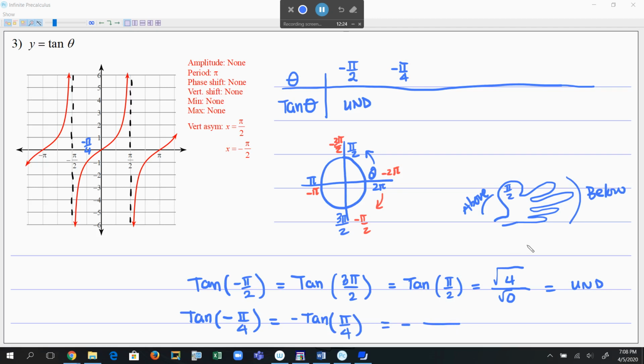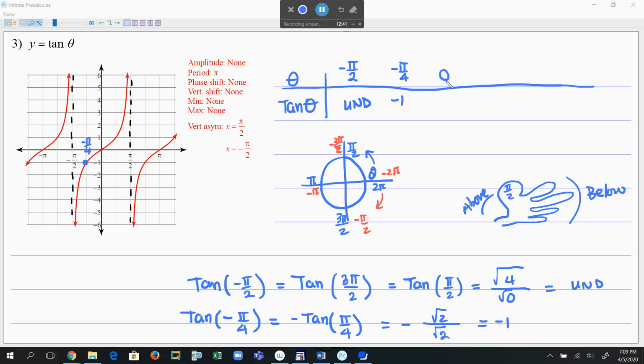And again, use your hand trick. Pi over 4 will be at the middle finger. So square root of the finger below divided by square root of the finger above. That gives us negative 1. So that will be the point right here.